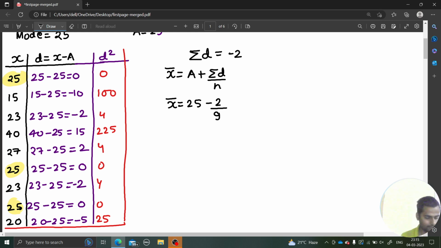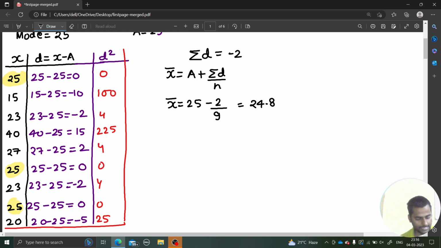So let's calculate this. We have 25 minus 2 by 9. So this is coming out to be 24.77. So I am taking this approximately as 24.8. So we have found the mean.